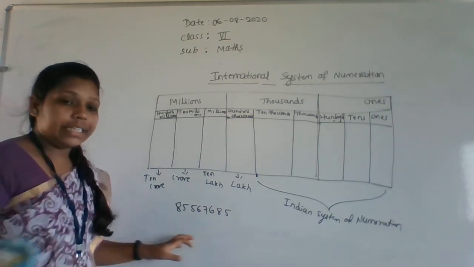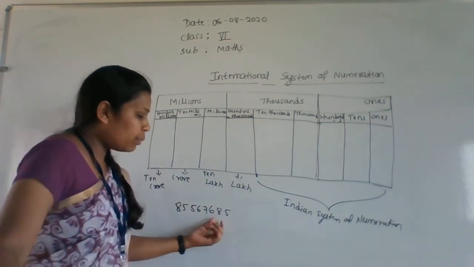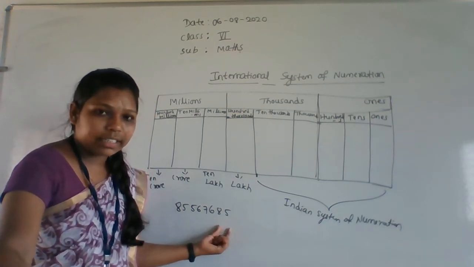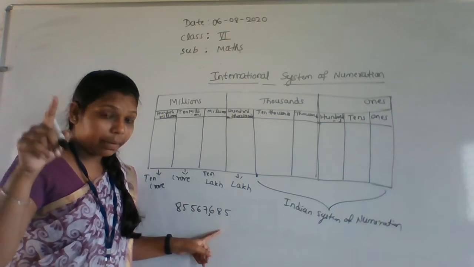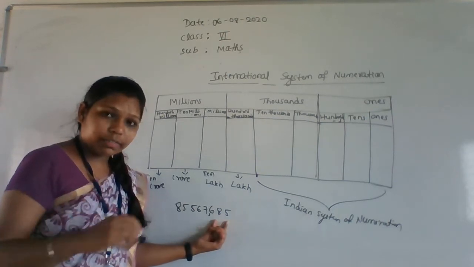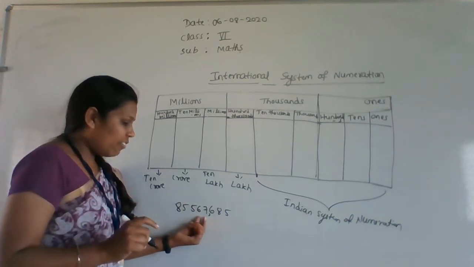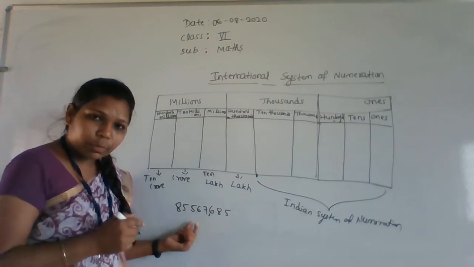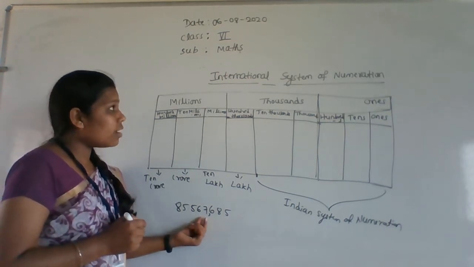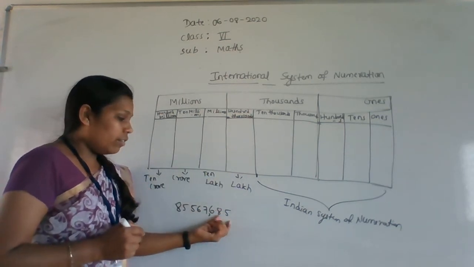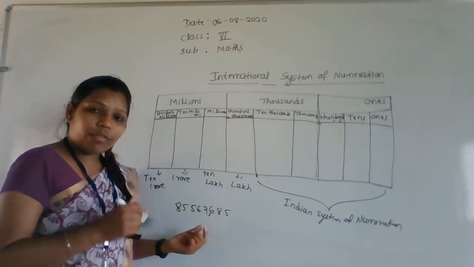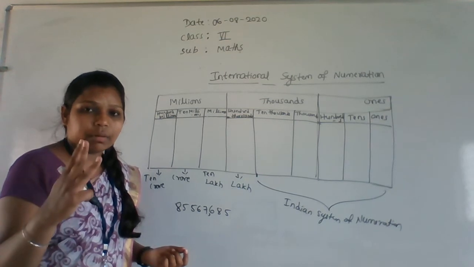But in the Indian system, how can we put the commas here? First, after 3 numbers, we'll put a comma, right? In the Indian system of enumeration, I am telling. First, after the 3 numbers, we'll put 1 comma. After that, for every 2 numbers, we'll put a comma. But here, it is the international system of enumeration, so we have to put a comma after every 3 numbers.